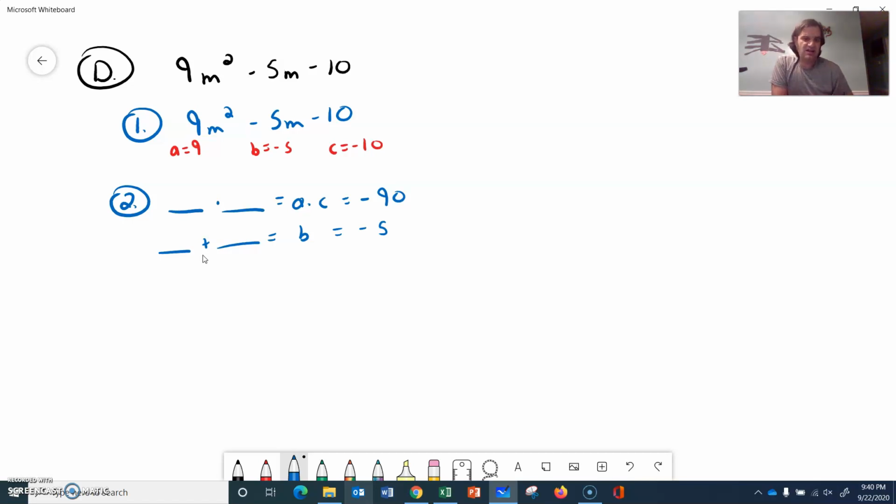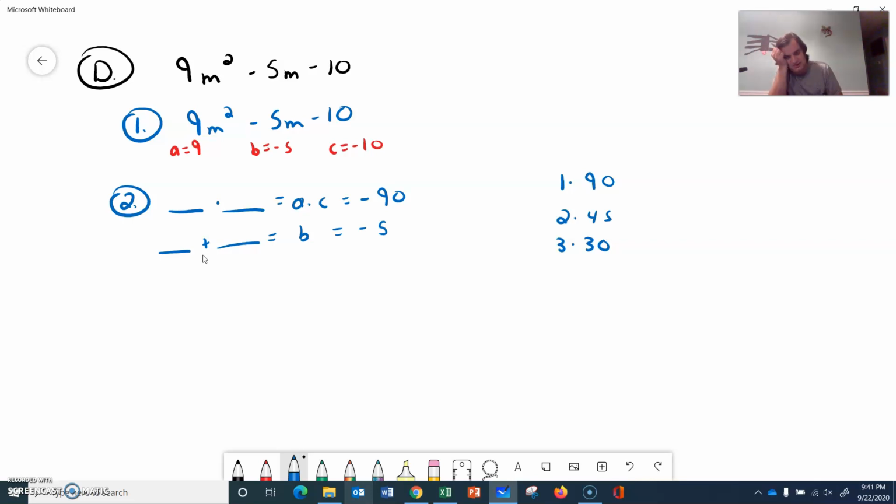So I gotta do a little bit of work here. So let's think. What gives me 90? 1 times 90, but those are not 5 apart. 2 times 45, those are not 5 apart. 3 times 30, those are 27 apart. Does 4 have a factor here?